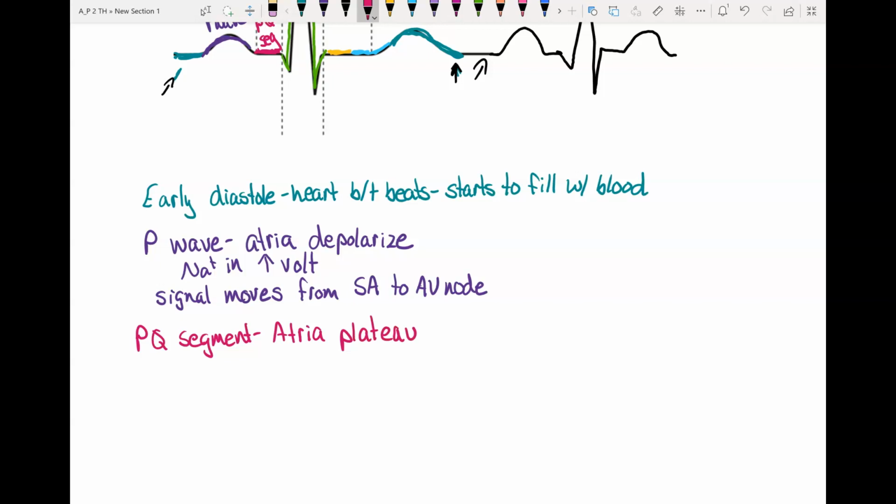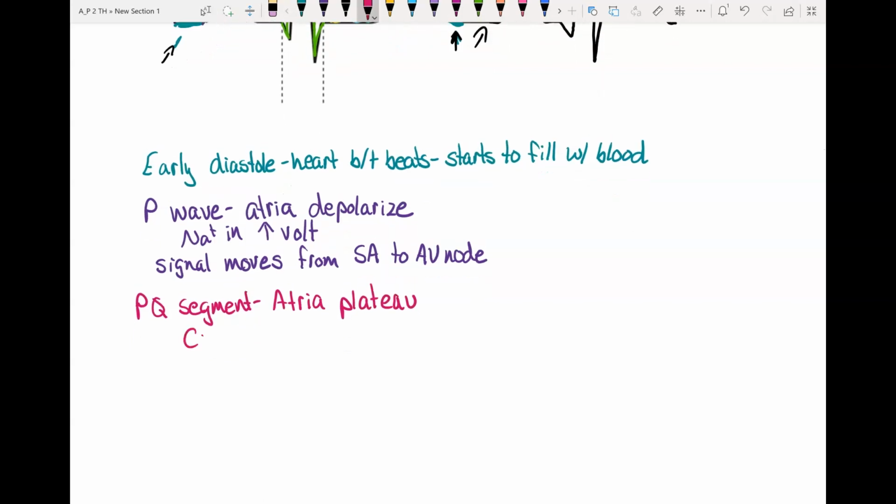And this is when they systole. So this is when you have calcium in, potassium out, steady voltage, and they contract. You have atrial systole at this time. And so you push the rest of the blood into the ventricles.